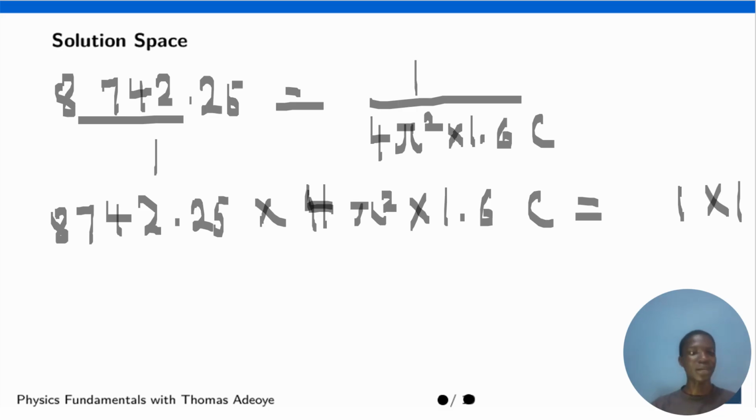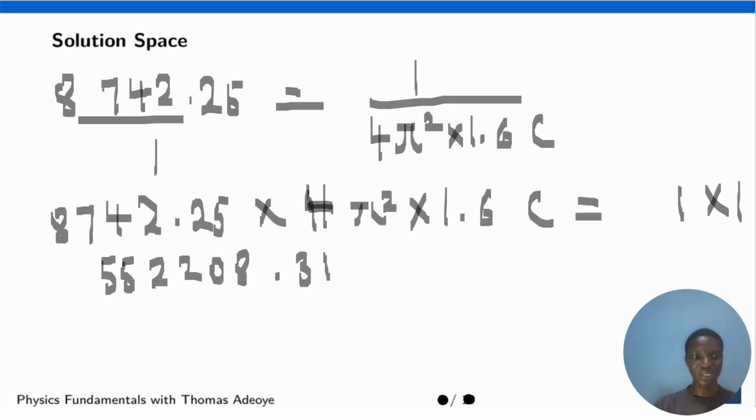You have to be good at punching the calculator. Multiply all this, times 4, multiplied by 1.6, and you get a very big number: 55228.314. You can see I didn't approximate, so that you only approximate at the final level.